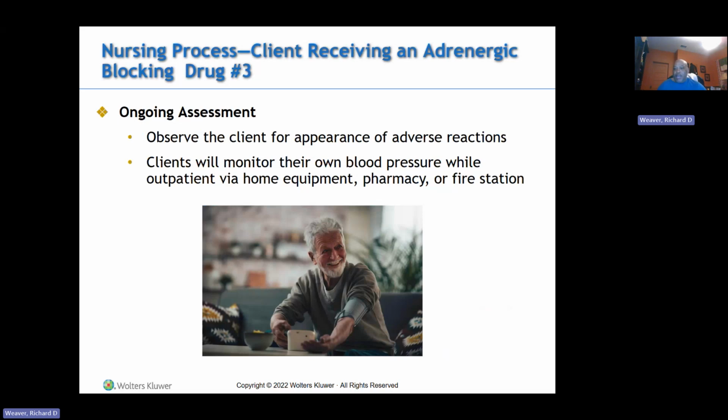If a client gets a significantly different reading when using a public machine, the patient should ask the folks where they're getting the blood pressure done, whether at one of the stores or the fire department, when the last time their machine was calibrated, because it could be something wrong with the machine.